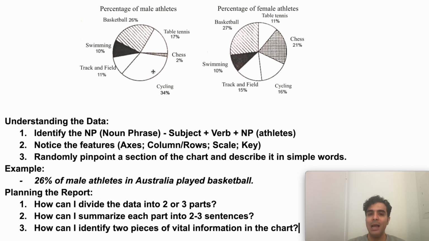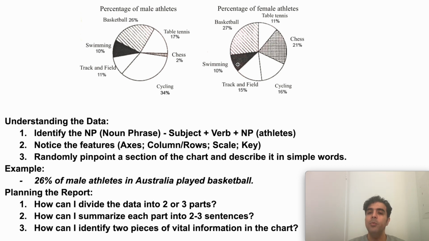Among male athletes, it seems that cycling is number 1, and basketball is number 2, right? And look, what other similarities do you see? Well, I can see that swimming is identical. We have 10% of male athletes showing an interest in swimming, and also 10% of female athletes showing a proclivity towards this sport.